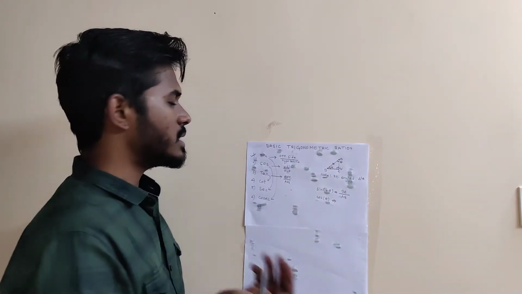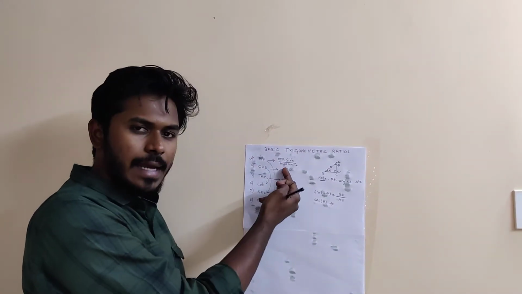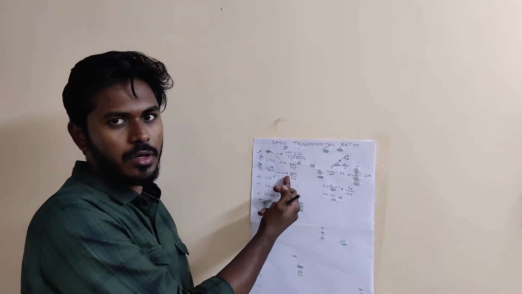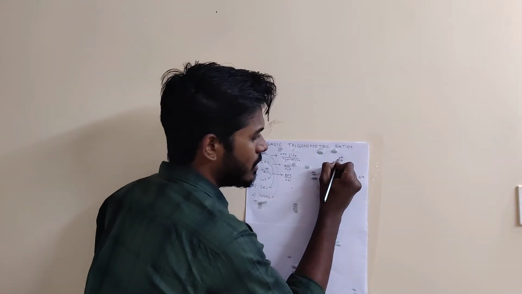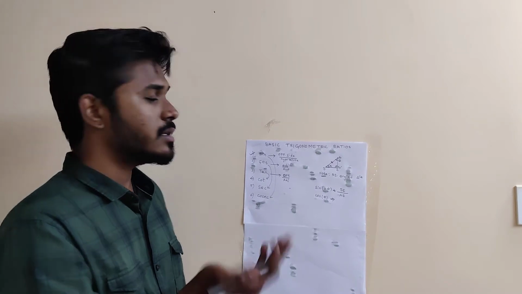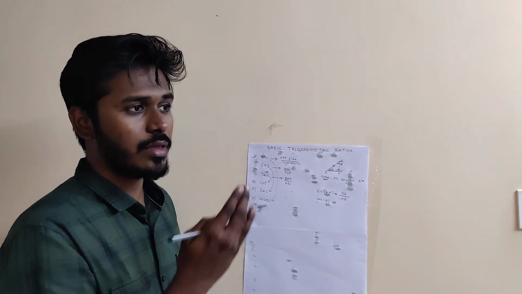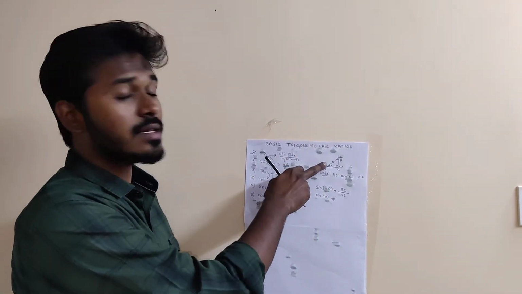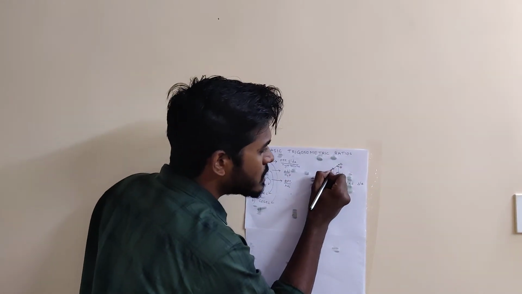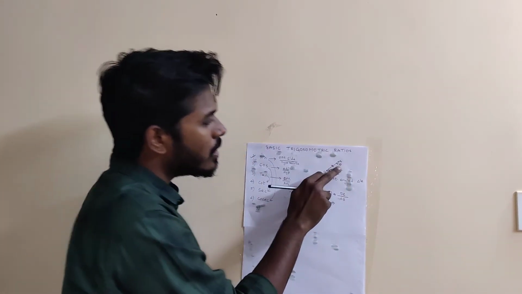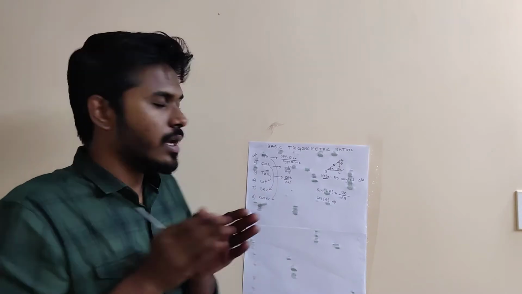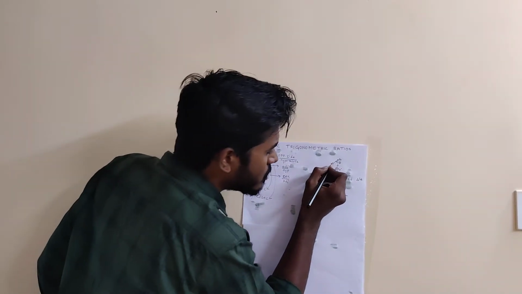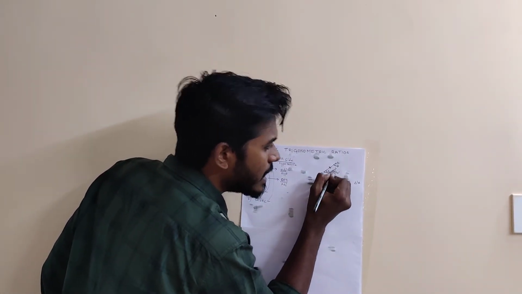The next one is cos of theta. What is the basic definition for cos? Adjacent side divided by hypotenuse. For this theta, what will be the adjacent side? You might get confused evaluating the adjacent side, because there are two sides in contact with angle theta, AB and AC.